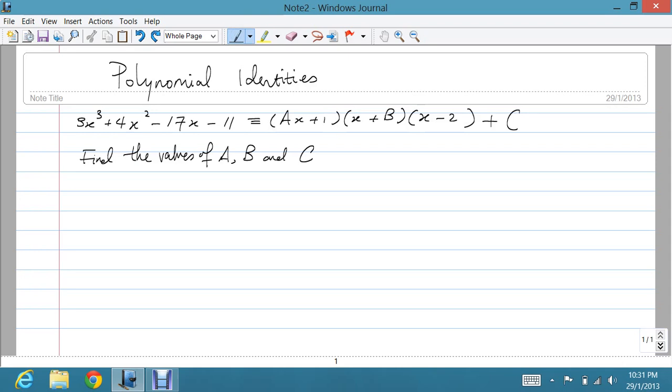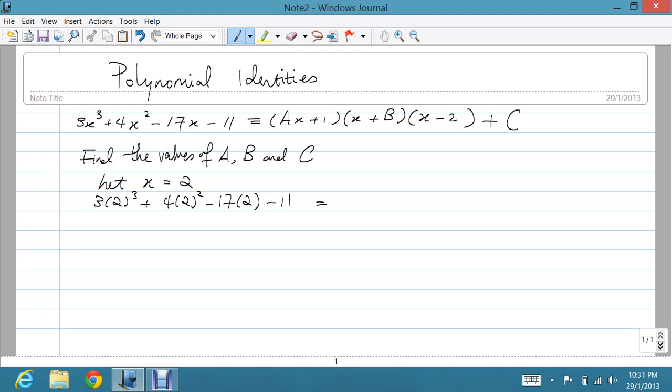Since this polynomial satisfies all values of x, I let x equal 2. What happens when x equals 2? On the left hand side, I get 3 times 2 cubed plus 4 times 2 squared minus 17 times 2 minus 11.